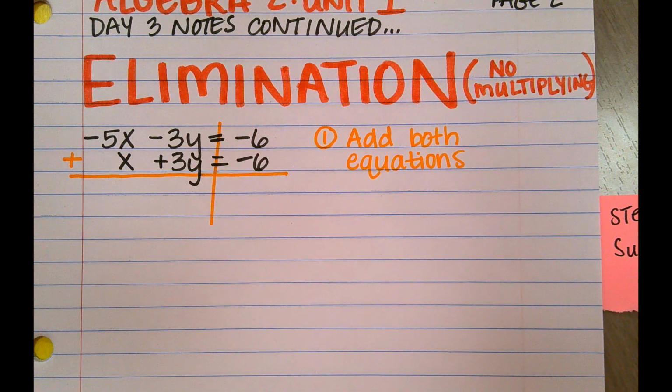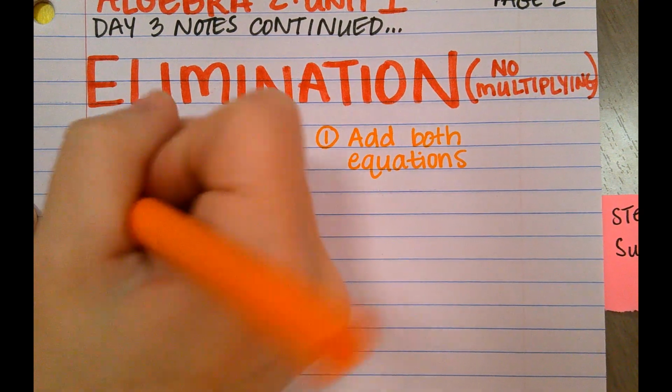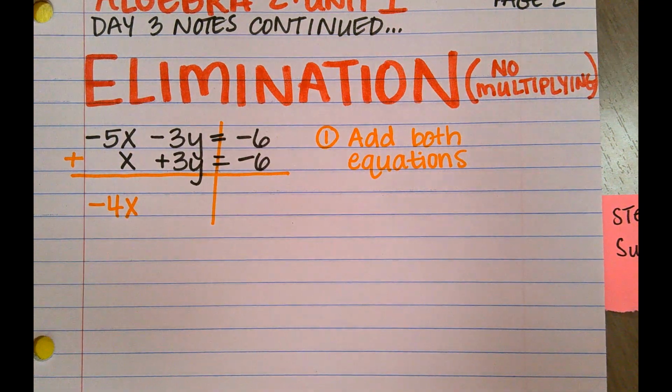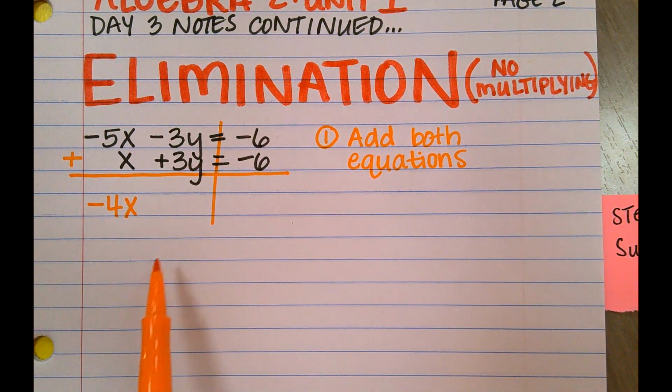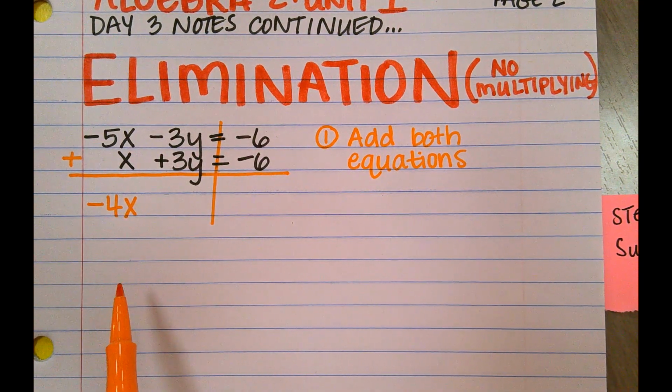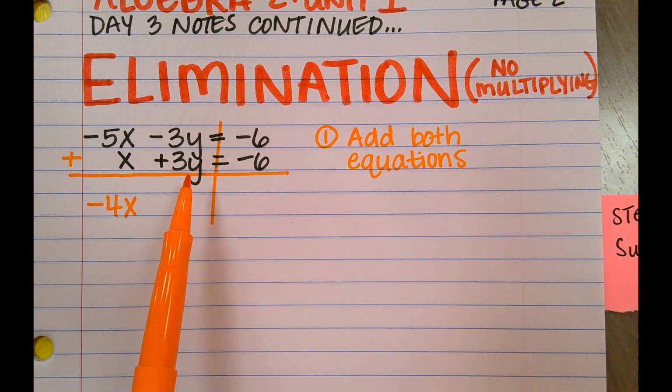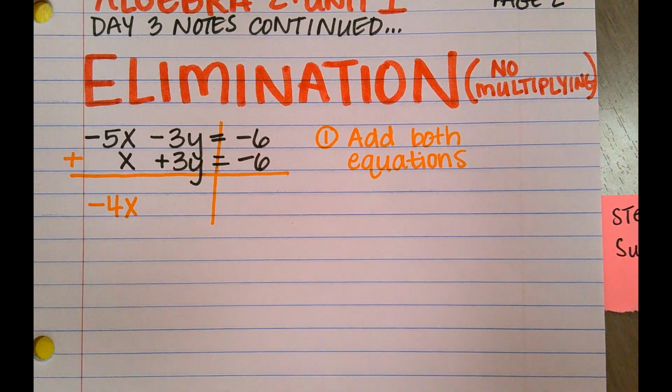And what am I adding first? My x's. Yes, negative 5x plus x is negative 4x. Then what? Add my y's. Negative 3y plus 3y. Yes, they're going to cancel. They're going to be 0.